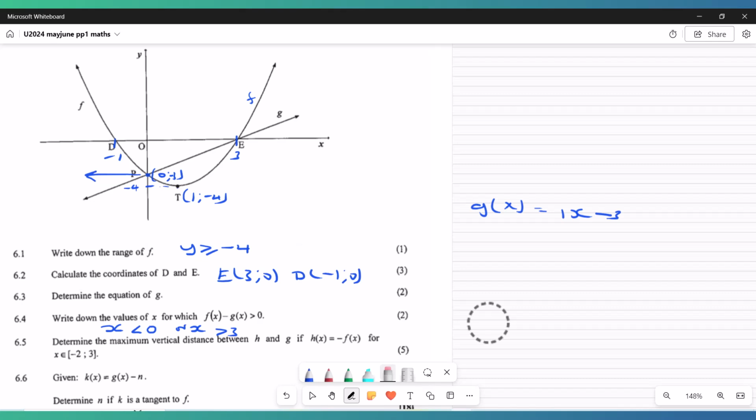Because I'm dealing with functions, please understand that for distance in functions we're going to subtract the one on top.